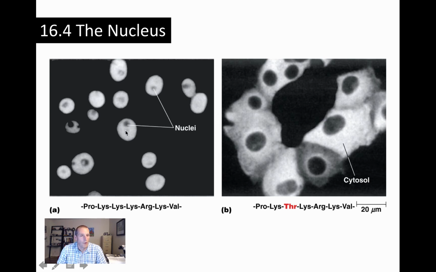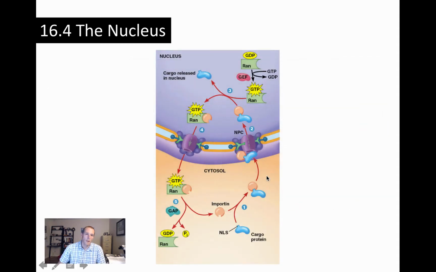And all we're doing here is looking at the nuclei of the cells. If you mutate the nuclear localization signal so that we change this second lysine to a threonine, what we see is that the protein is then actively excluded from the nucleus. That shows you the importance of the sequence of amino acids in the nuclear localization signal.